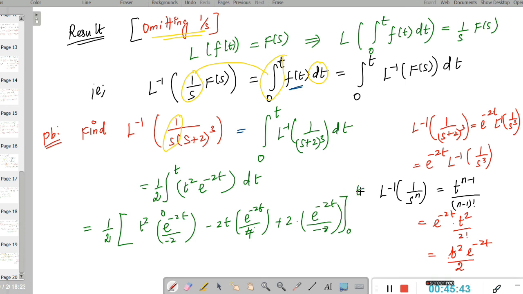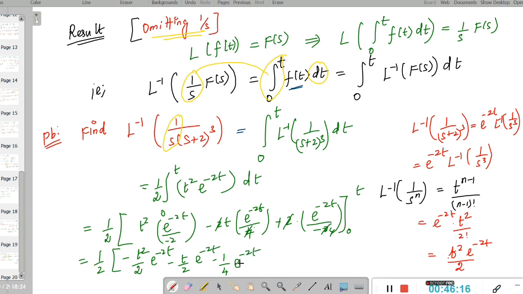After that, 1 by 2. If you substitute the upper limits, you may get minus t square divided by 2 e power minus 2t. If you cancel this term, you may get minus t by 2 e power minus 2t. Here you may get minus 1 by 4 e power minus 2t.